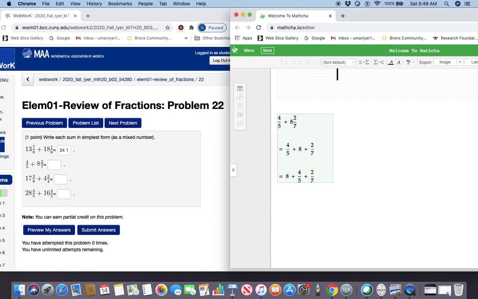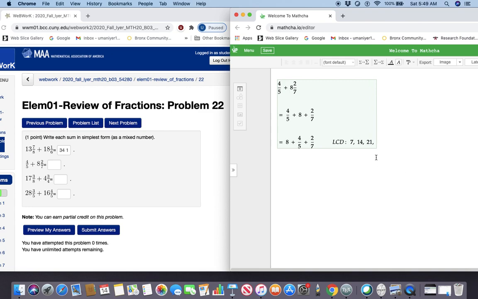Now I need common denominators. 5 and 7, least common denominator. Start with the bigger number. Does 5 divide 7 evenly? No. 7 times 2 is 14. Does 5 divide 14 evenly? No. 7 times 3, 21. Does 5 divide 21 evenly?